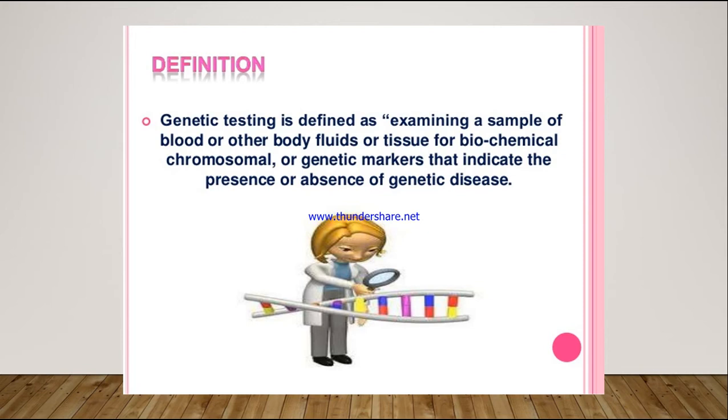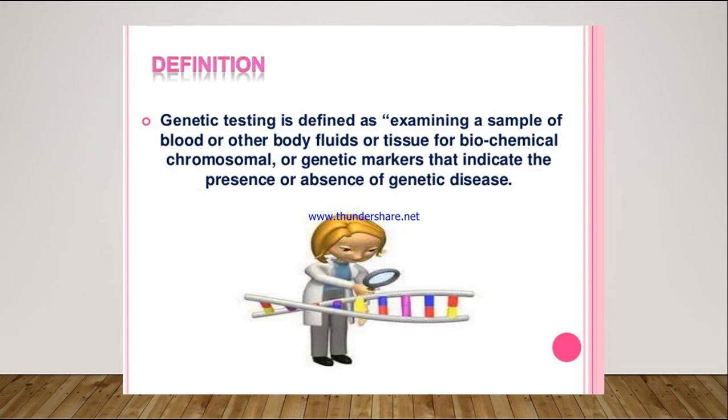It is defined as examining a sample of blood or other body fluids, or it can be tissues, for biochemical or chromosomal or genetic markers that indicate the presence or absence of genetic disease. So basically in genetic testing, we are examining blood or body fluids like saliva or any other fluids of the body, or we can examine the tissues.